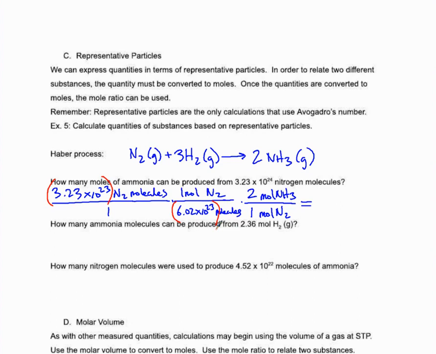Here's what I'm looking at. This has times 10 to the 23rd. This one has times 10 to the 23rd. Since we're dividing, we can just get rid of those. And it's really 3.23 divided by 6.02 times 2. We'll go ahead and put this into our calculator.